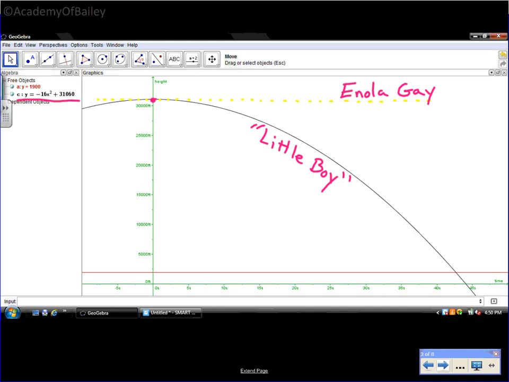So it dropped the bomb called Little Boy, and they wanted Little Boy to detonate at, and you look up on the left side, we have another equation, the red equation, y equals 1900, and that would be 1900 feet. That's what this red line is down here at the bottom.